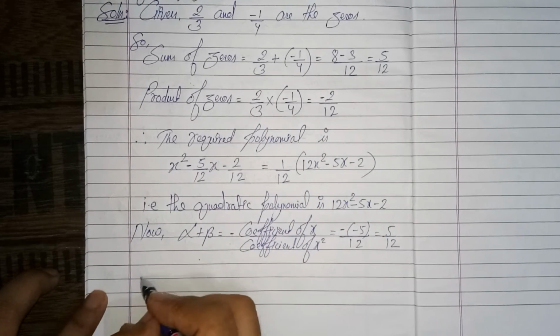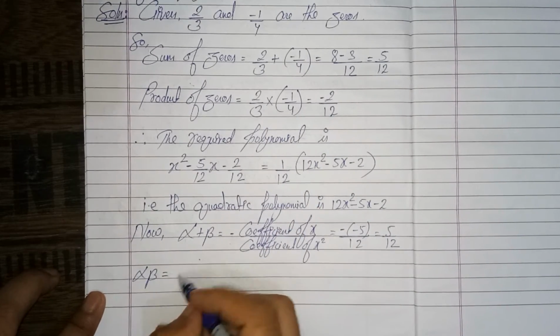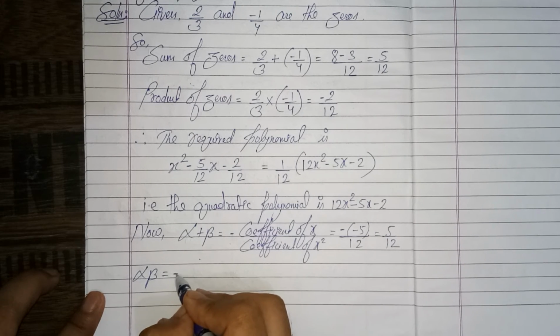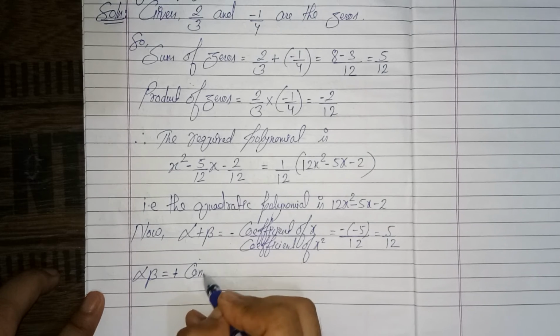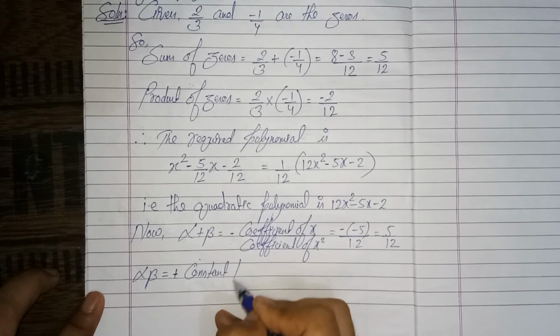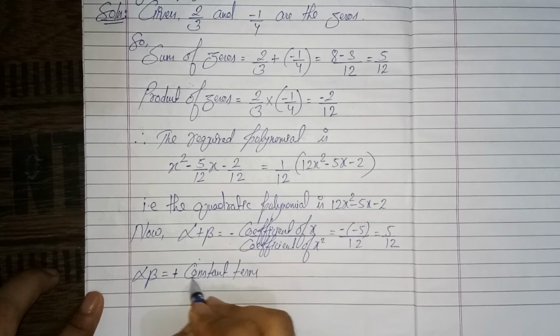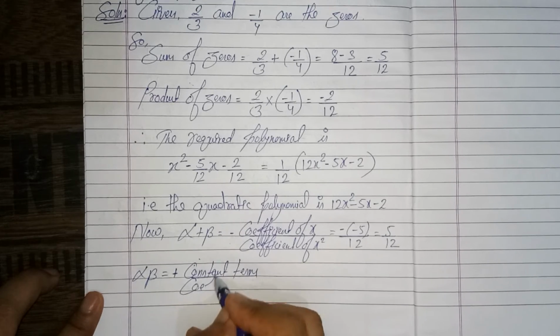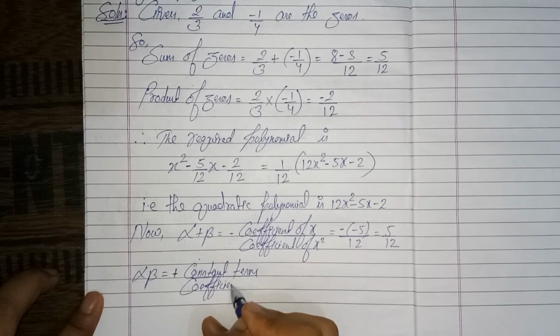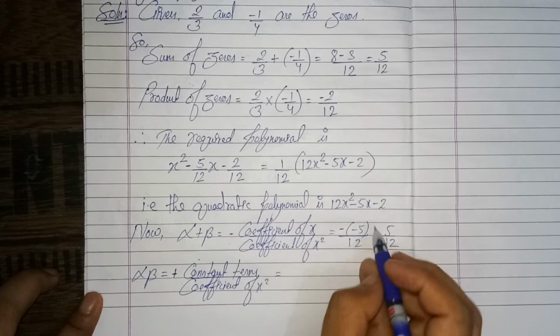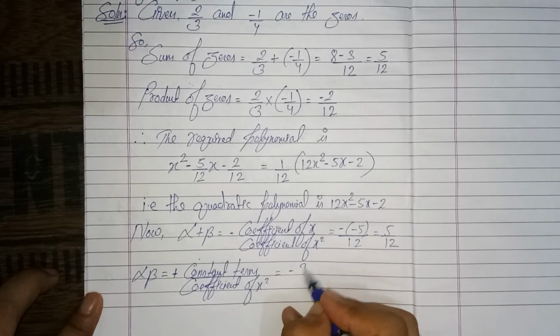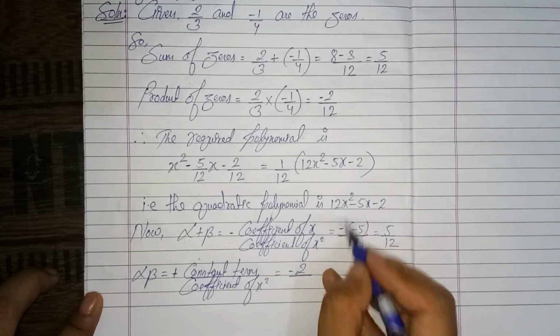Similarly, product of zeros, alpha beta, is equal to, not minus, this is plus, the constant term divided by the coefficient of x square. Now this is equal to, the constant term is minus 2 and the coefficient of x square is 12.